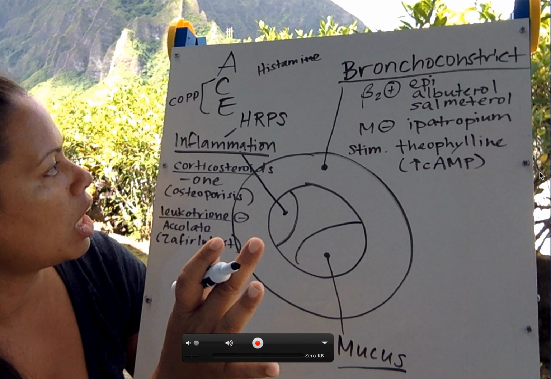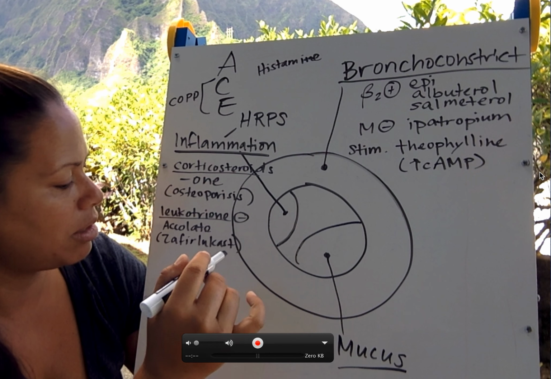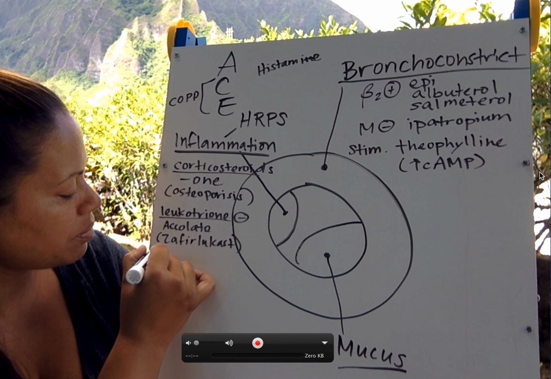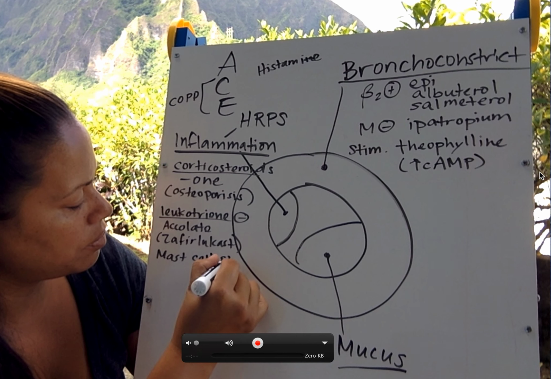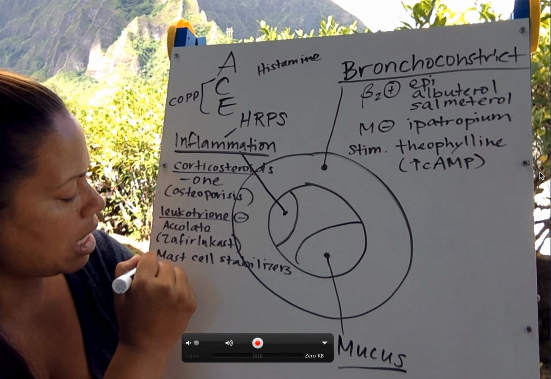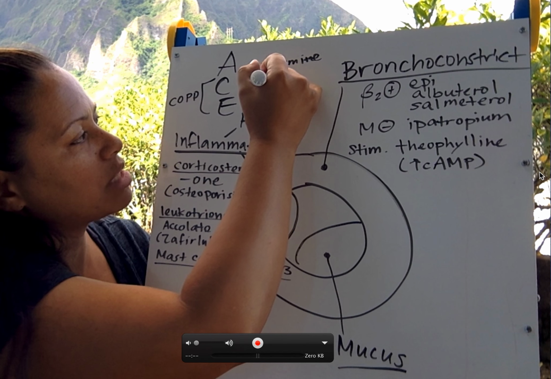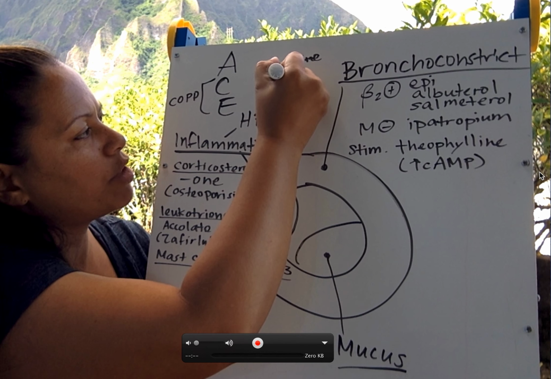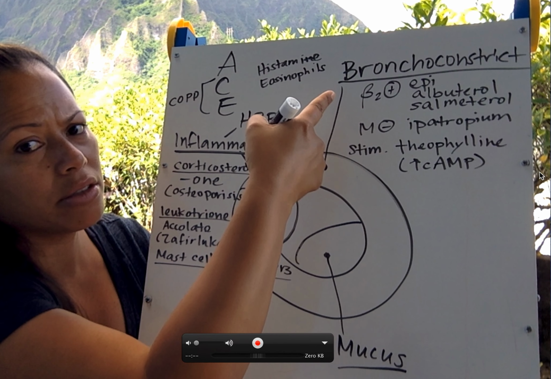So side effect-wise, probably a little bit better not to deal with antihistamine blockers, but to deal with what we call mast cell stabilizers. What does that mean? Well, mast cells, like basophils, so we're going to say mast cells, basophils are associated with, we're going to write eosinophils, because eosinophils are what?